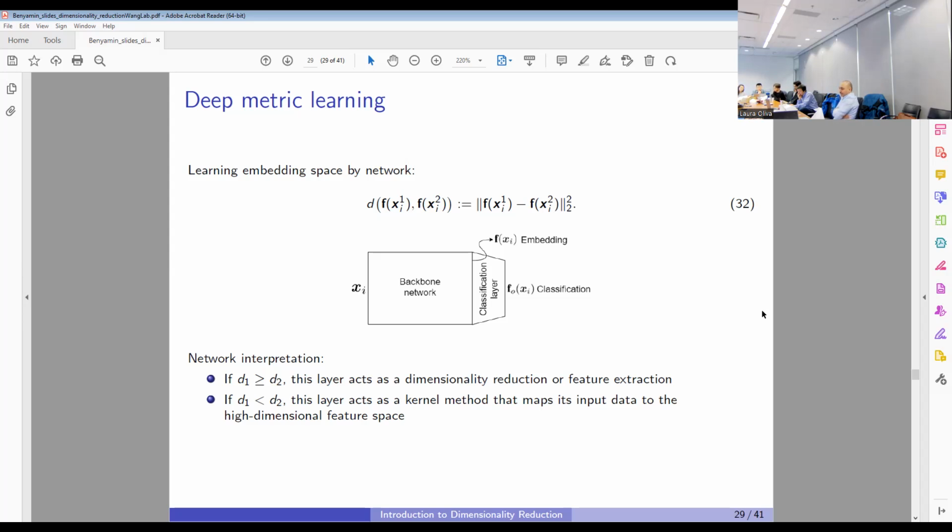If in going from one layer to another the number of neurons increases, what is it? Can someone say? Assume you go from a layer of 3 neurons to a layer of 10 neurons. It's a kernel. What does a kernel do?